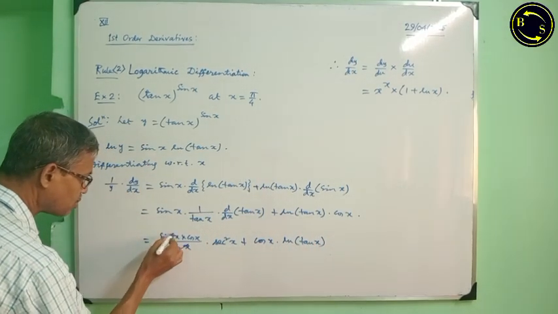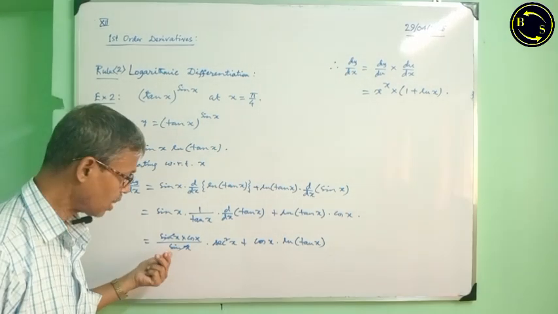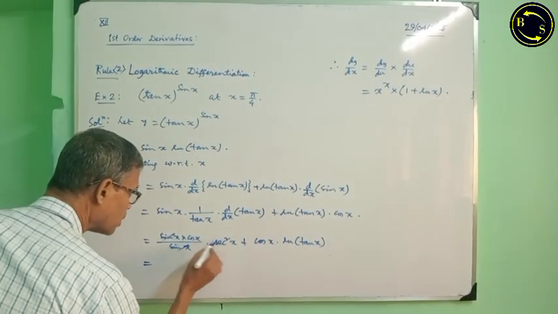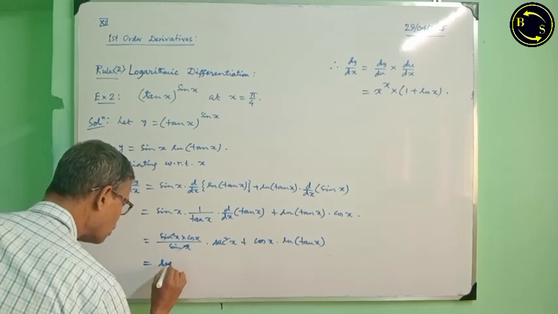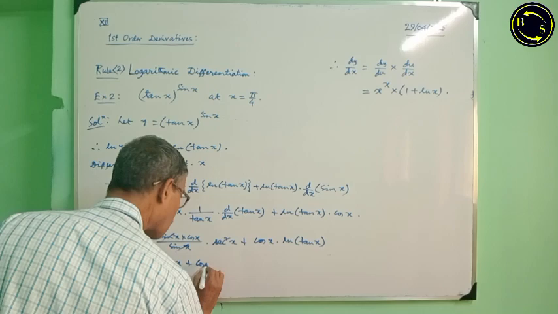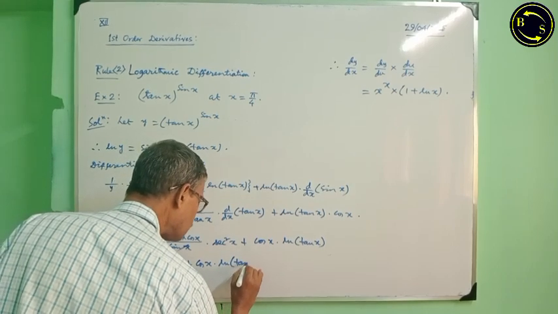Now these sin x are cancelled. Here, remember, sin x is non-zero. Then cos x into sec square x means sec x, plus cos x into log tan x.